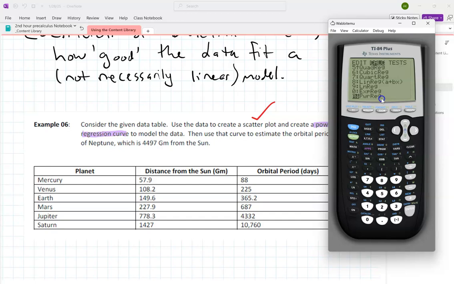I'll press enter there. I want to use L1 and L2. That looks good. I'm going to store this into Y1, though, so that I can use it later on because it asks us to do something with that. So to get the Y1 there, I'm going to press the vars button, go over to the Y-VARS tab, pick the function option, and pick Y1. And now I'll press calculate.